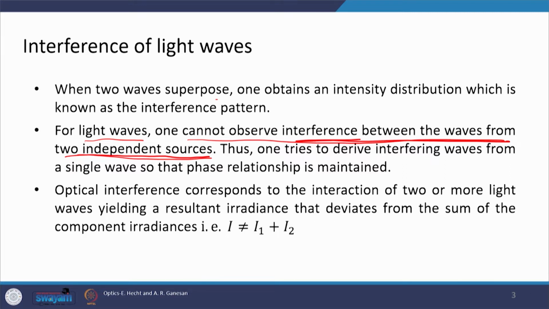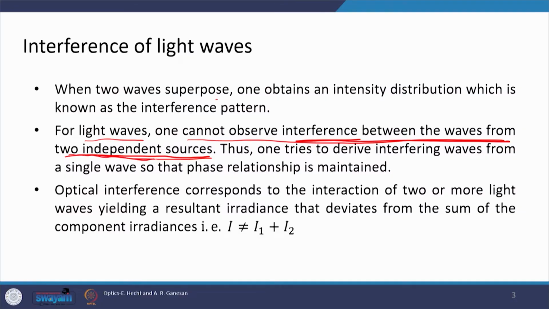Usually whenever we say that two waves are interfering, then we expect as a result of interference the observation of a fringe pattern, and whenever we see some kind of fringe pattern, we say that the two waves must have interfered. But this is not the case. The observation of the fringe pattern is for the sake of measurements. Irrespective of whether we are observing a fringe pattern or not, the two waves always interfere.